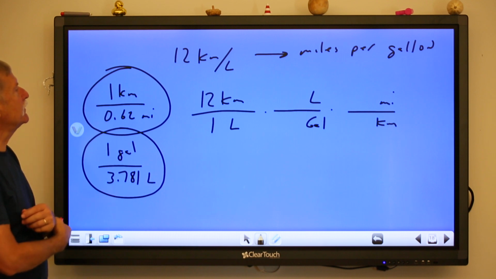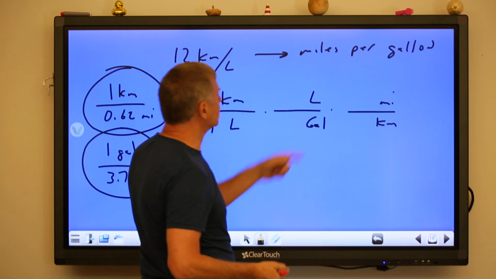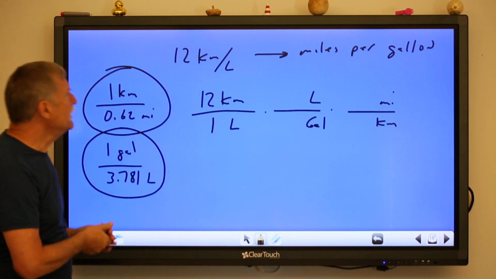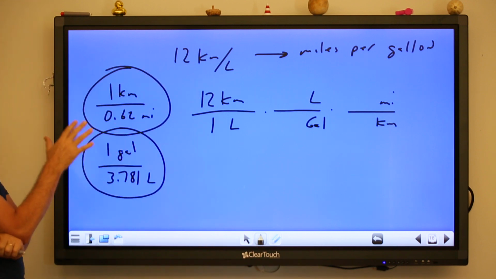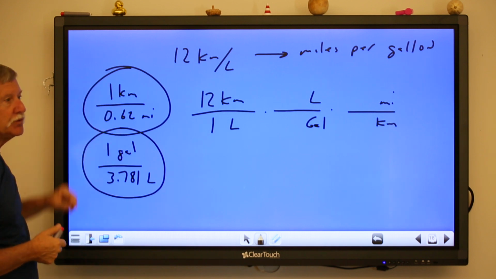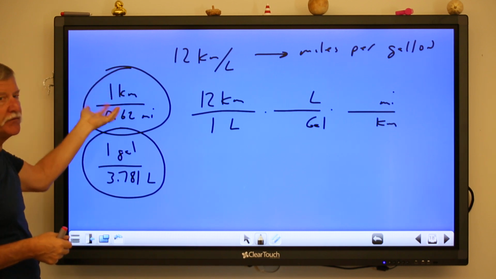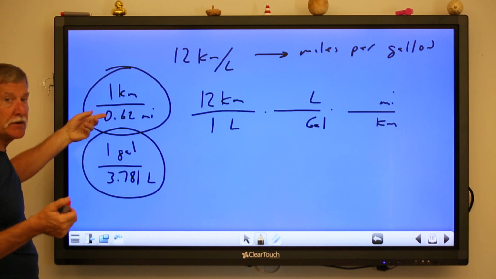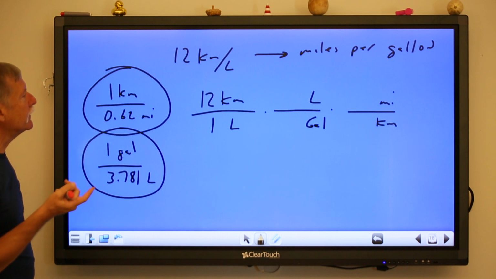And that will get rid of liters, get rid of kilometers, and leave me miles and gallons. All right? So this is the key, is setting it up. And the way you set it up is to use the right unit multiplier. Remember, these are names for one, so you can flip them. Doesn't matter whether it's kilometers per mile or miles per kilometer. It's all a name for one.